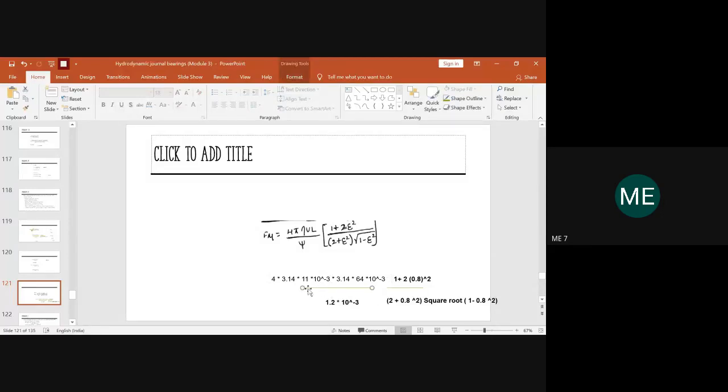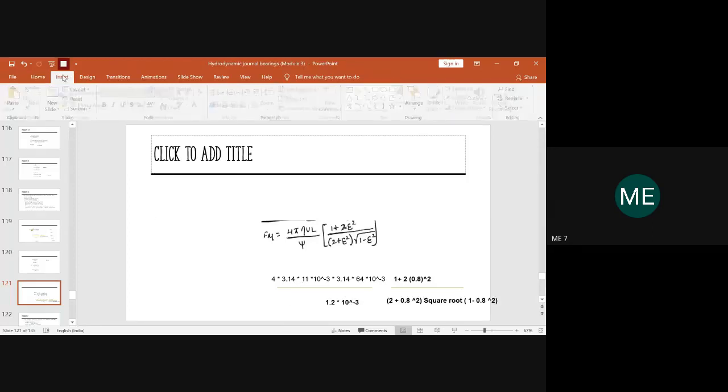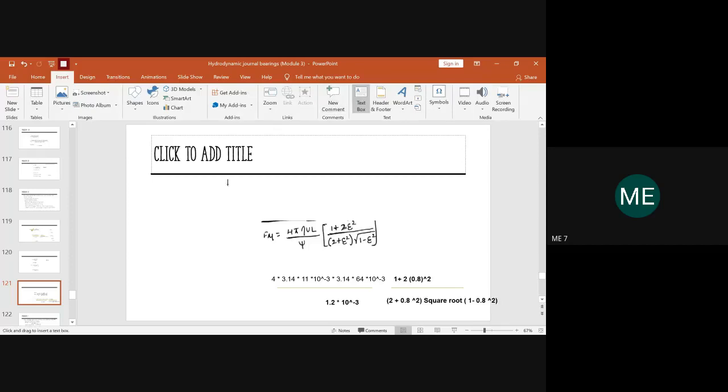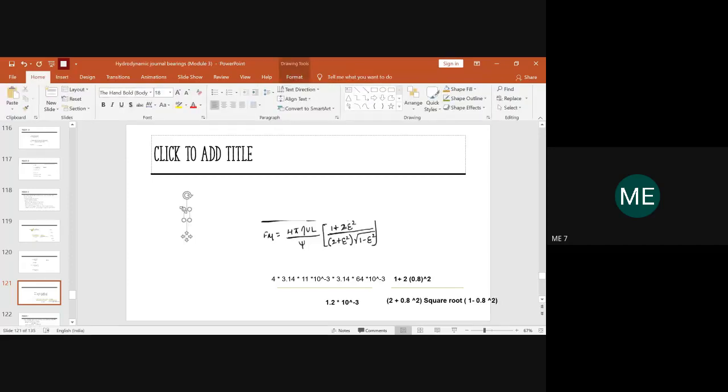Right, so we have substituted the equation for frictional force. So kindly calculate and let me know what is the value of frictional force we are getting. So frictional force F, how much we are getting.